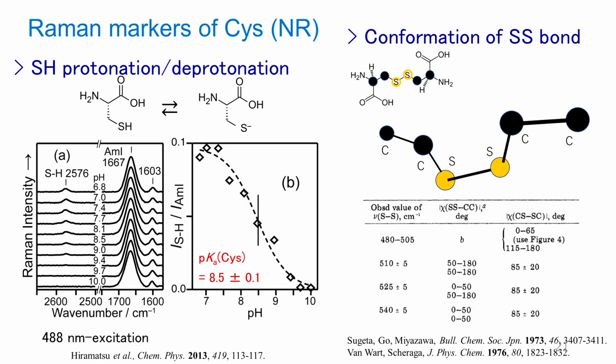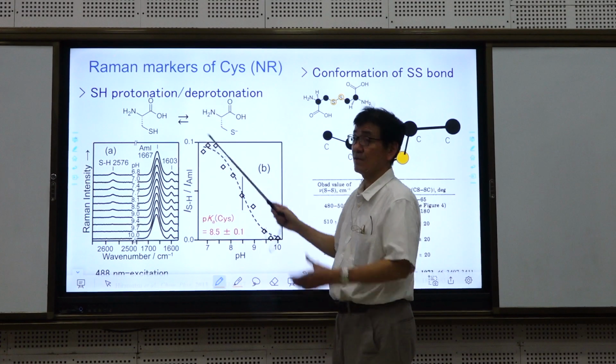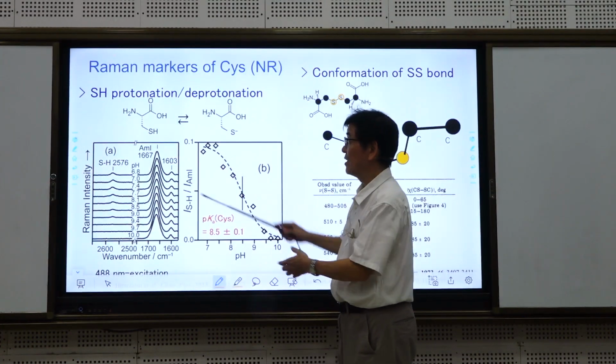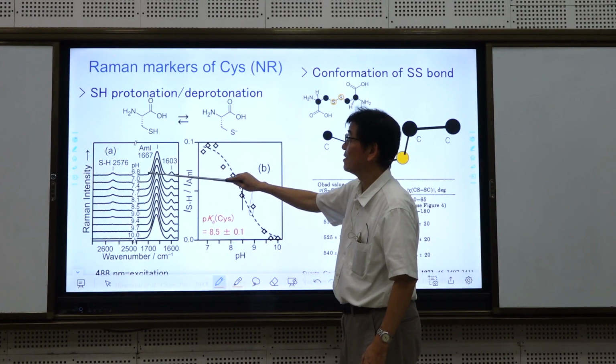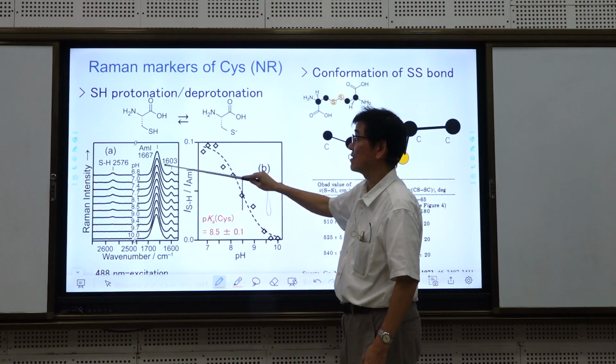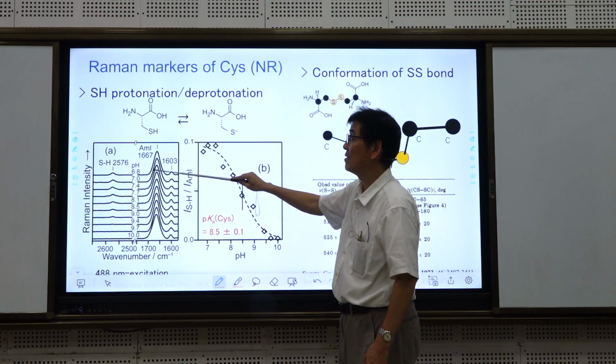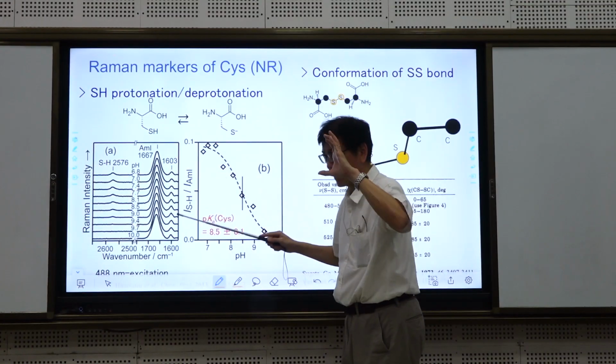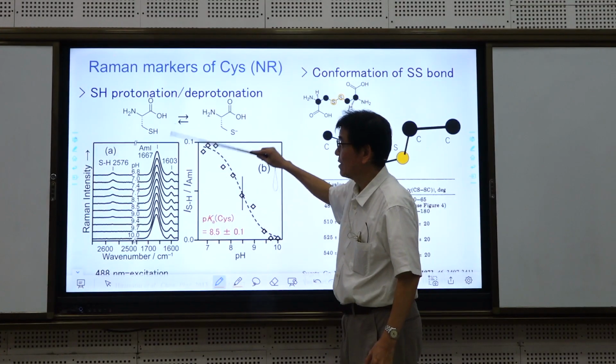So this is an example of detection of deprotonation with a peak change. Here is the amide I band, which is CO double bond stretching, and it can be used as a marker band to normalize the intensity.